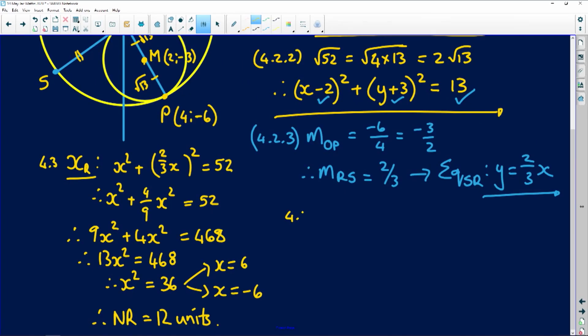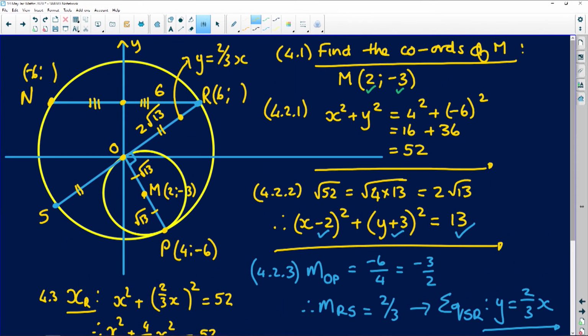So for 4.4, they say, the circle with the center M is reflected about the x-axis to form another circle. Now let's go to our diagram. If I take this circle here, and I reflect it in the x-axis, remember this is the x-axis, then it means that the distance to the x-axis here is going to be equal to the distance to the x-axis at the top.